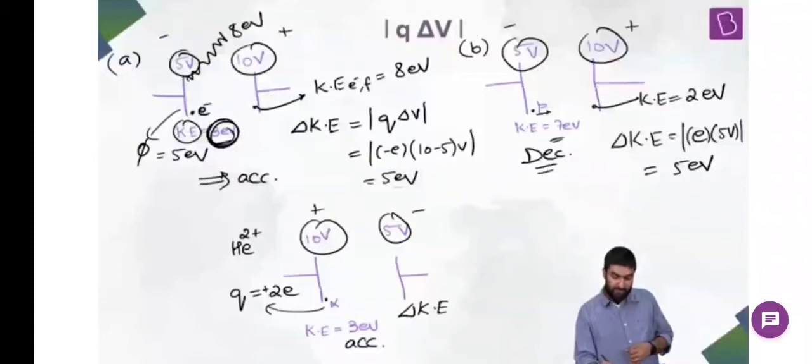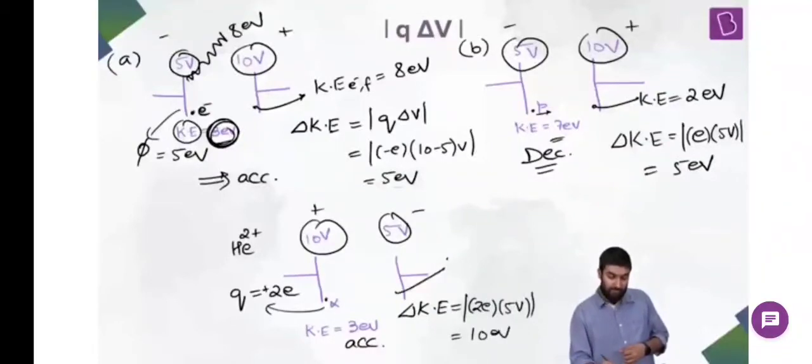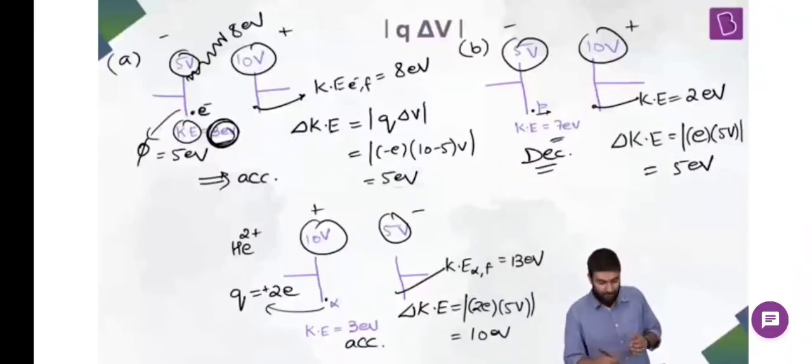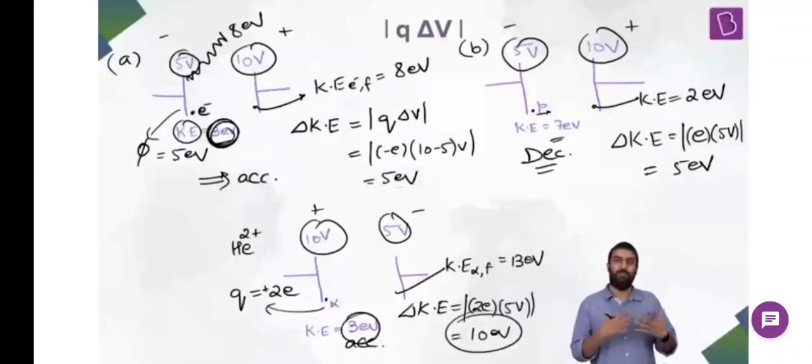Accelerated by how much in terms of kinetic energy? 2e multiplied by 5 V. So essentially an increase of 10 eV. So the kinetic energy of the alpha particle finally will be equal to what? 13 eV, right? 10 eV plus 3 eV. Alright, so this is what we have. The 3 was the initial one and 10 was the imparted one, so it was 13 eV.